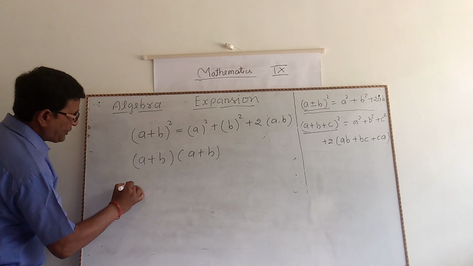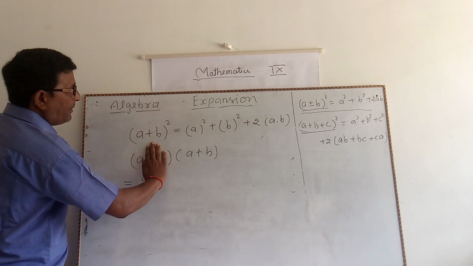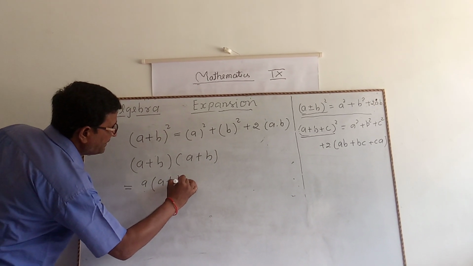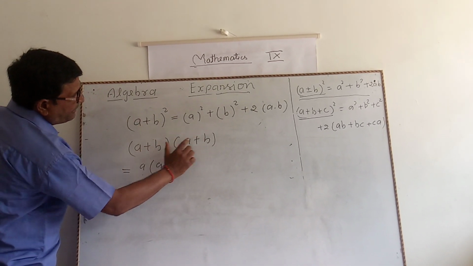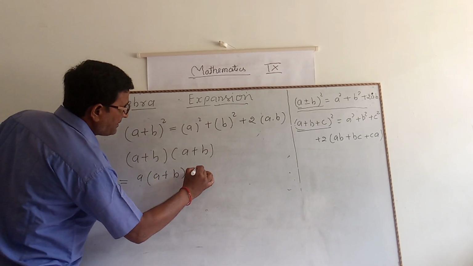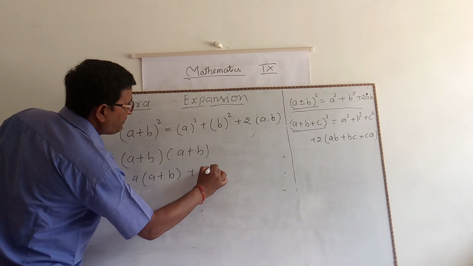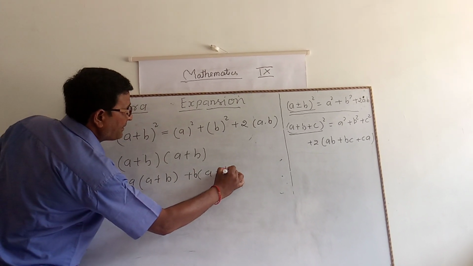Simple multiplication: a, this first term, multiplied by a plus b. Then just close this term, meaning b multiplied by a plus b. Sign here plus, then plus. If the sign here is minus, then here minus.